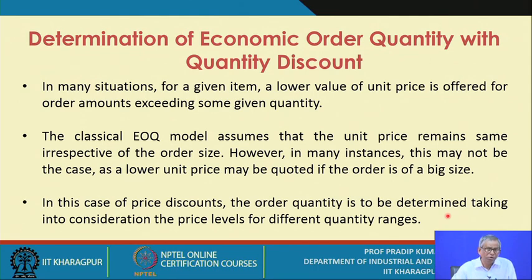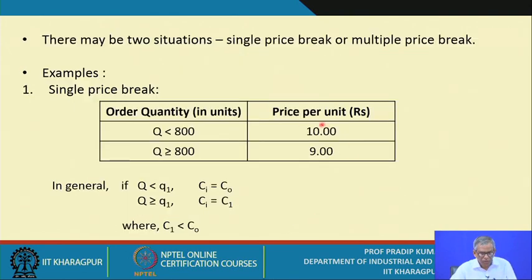If you do not opt for the price discount, what will be your order quantity? So, now you need to take into consideration the price levels for different quantity ranges. Now, there may be two situations: single price break or multiple price breaks.